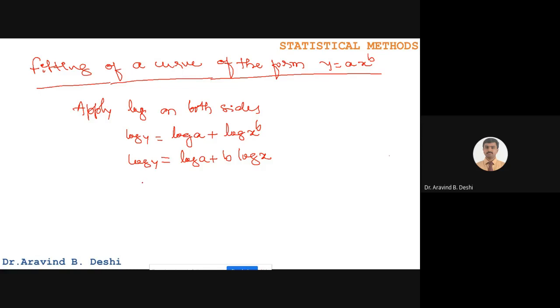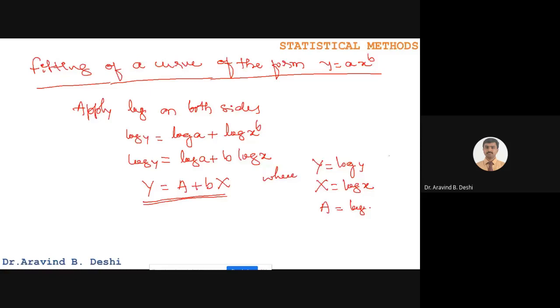Now we can write this as capital Y equals capital A plus b into capital X. Now this is of the straight line form where capital A is log of small a.